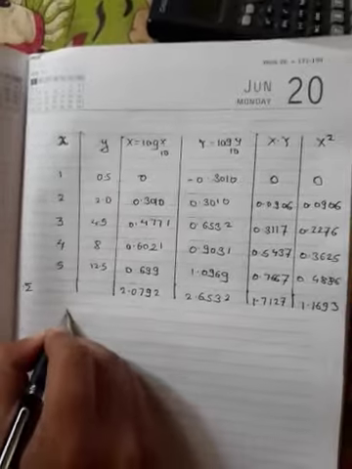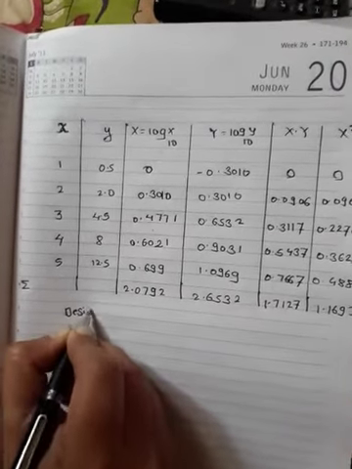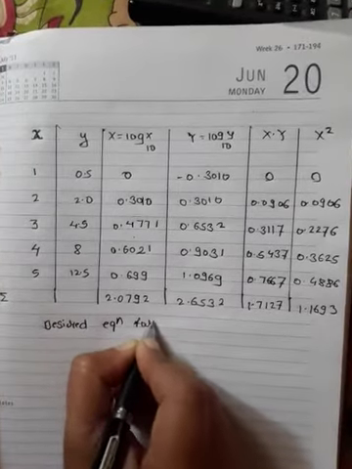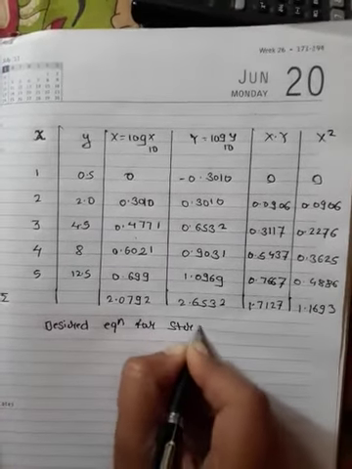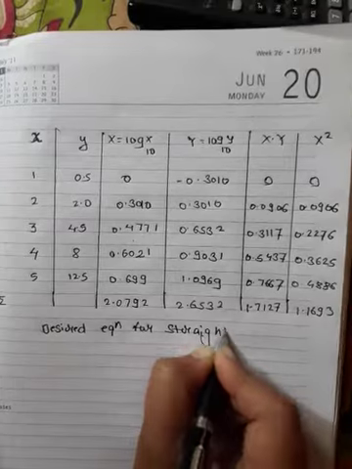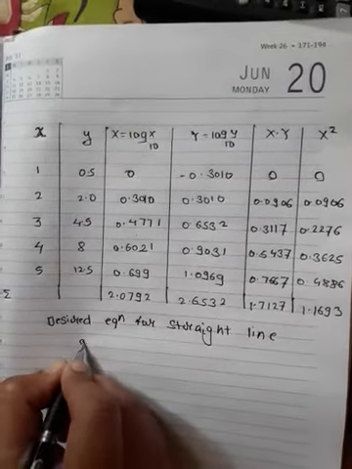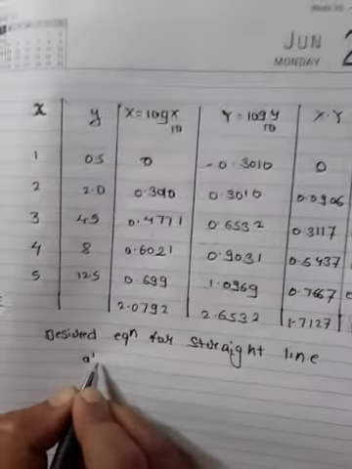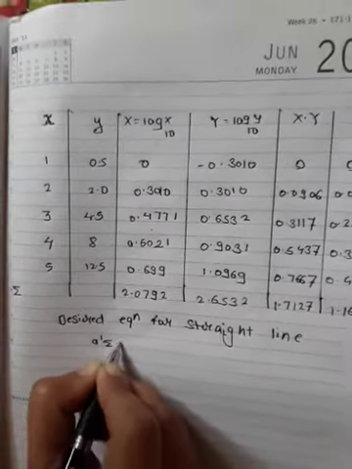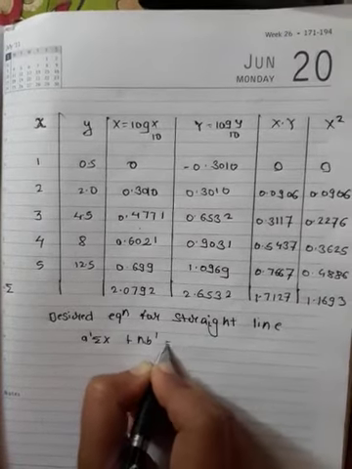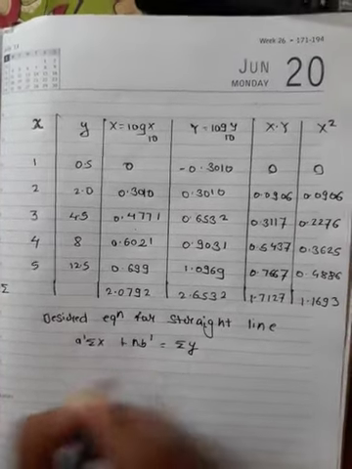After that, you know the desired equation for the straight line, because we have seen this formula many times. So the equation is, I will write here a dash in place of a, because we have considered here a dash: a dash summation x plus n b dash is equal to summation y.